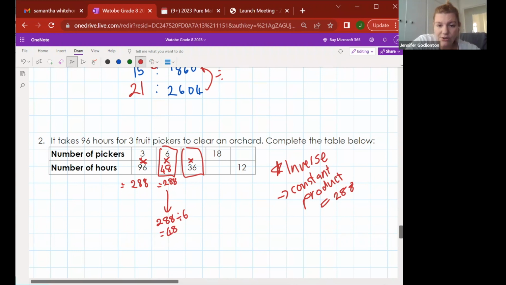Beautiful. So now I want to know what number is going to be here with my 36. Nice, Loazi. Beautiful. Nice, guys. Now I want to know my 18.